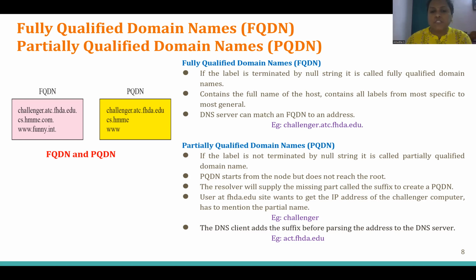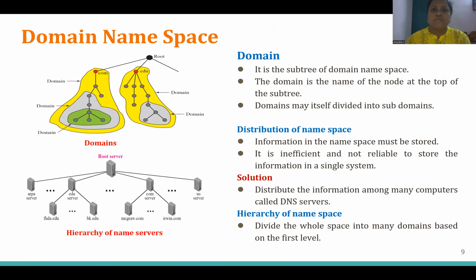For example, a user at the fhda.edu site who wants to get the IP address of the challenger computer can mention it in a partial name like challenger. The DNS client will then add the suffix atc.fhda.edu.